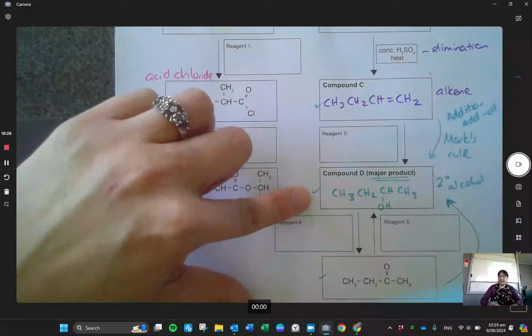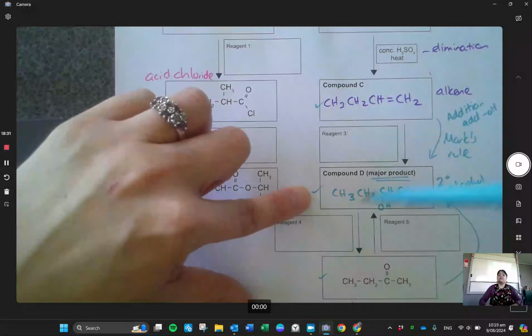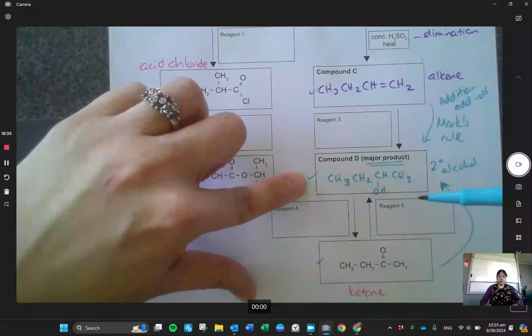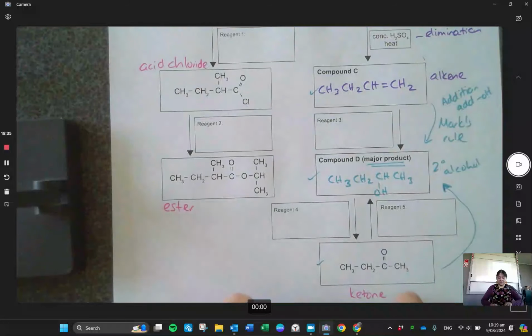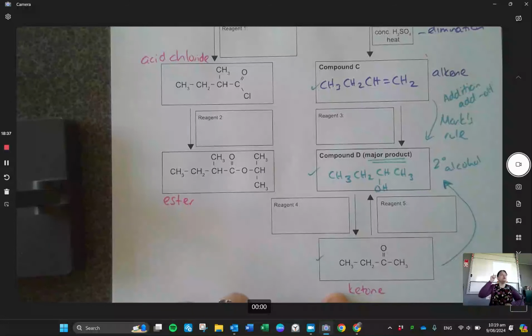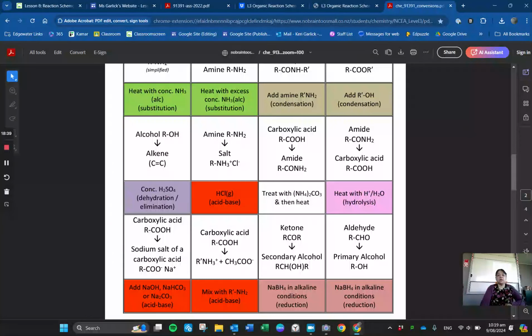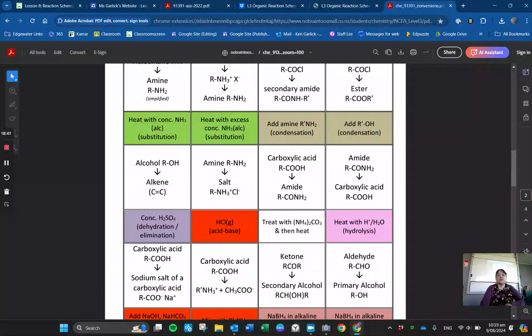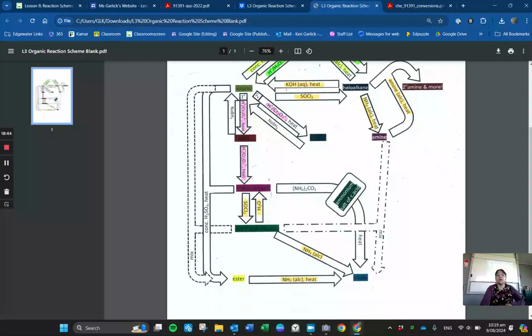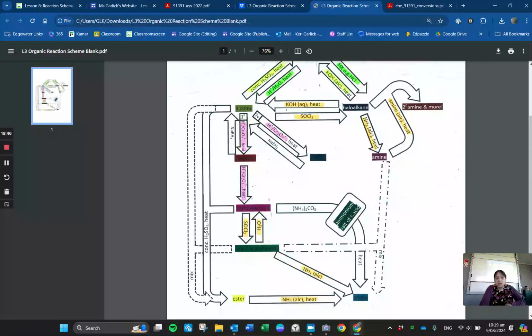So I'm going to use the hints around me to help me figure out compound D. So the first hint that I have is a ketone, and I'm thinking, how do I make ketones? So again, we look at our flashcards, or we can look at this flow chart here that I have, and ketones are over here. And you see how ketones can go here from the alcohol.